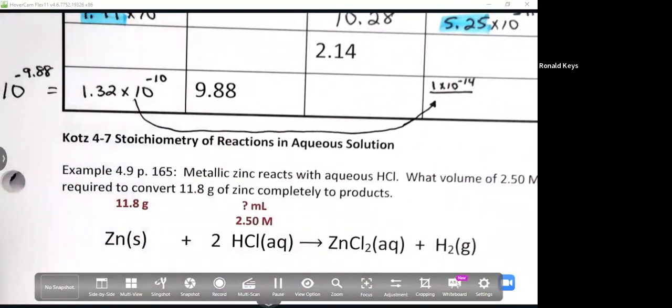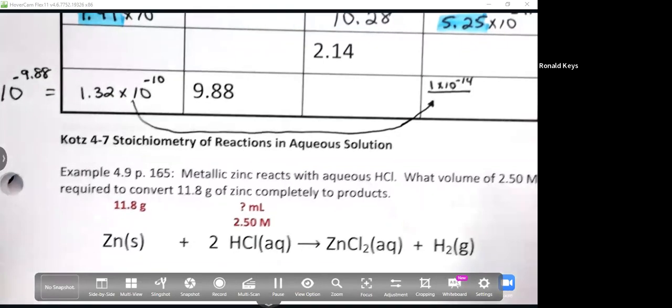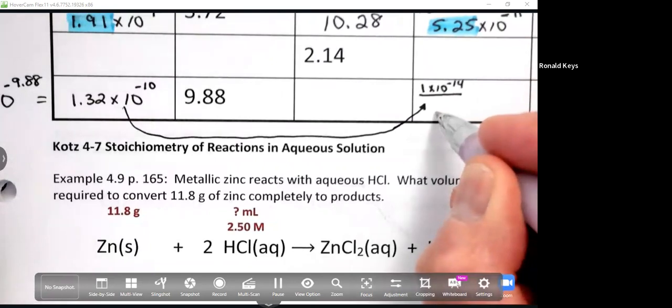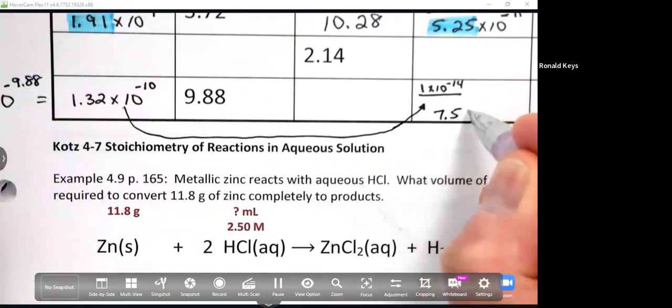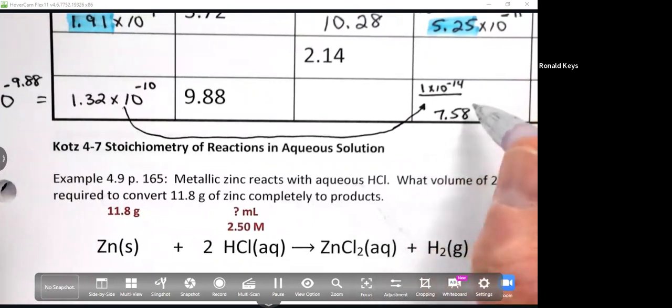Do that in your calculator right now. Make sure you're putting it in correctly. You should get 7.58 times 10 to the negative 5.